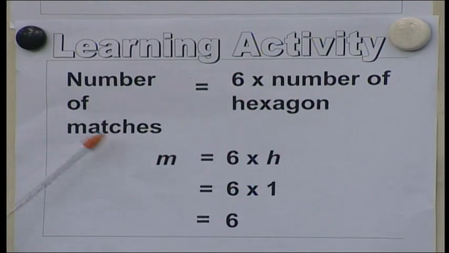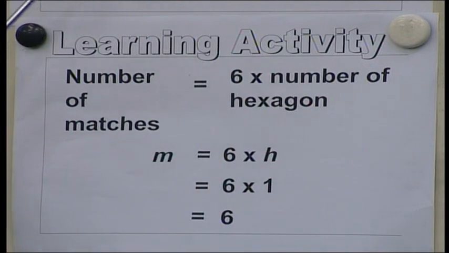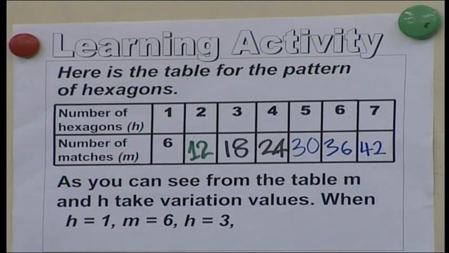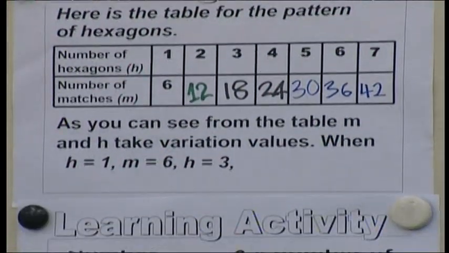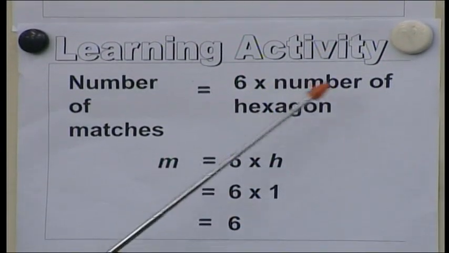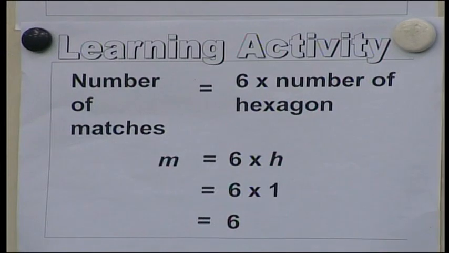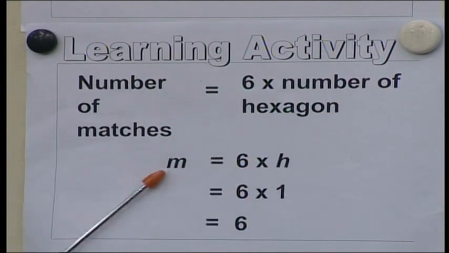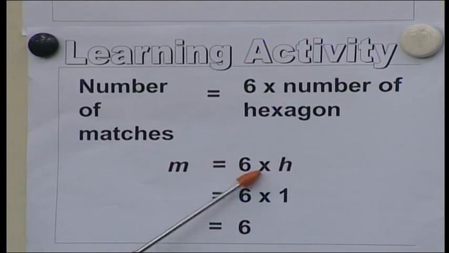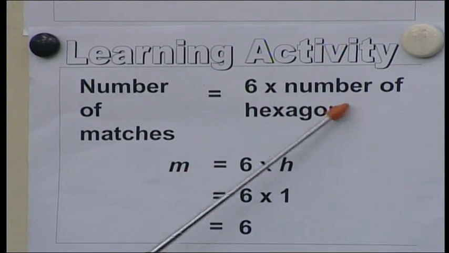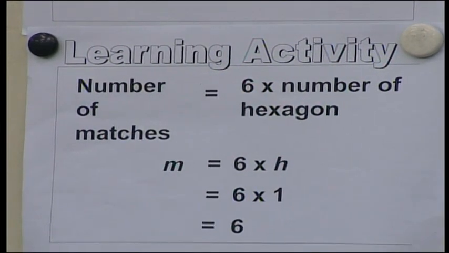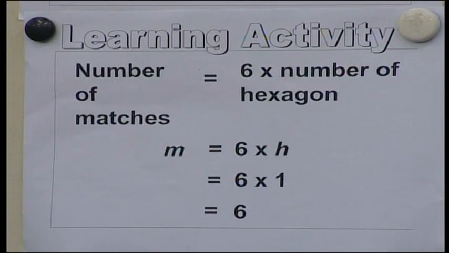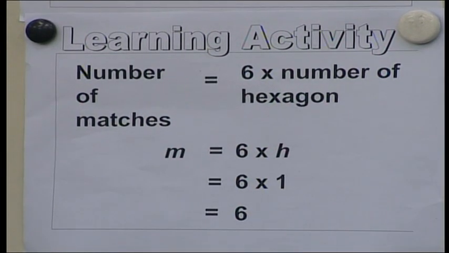Number of matches, we are now dealing with the first example that is already shown in this table, 1 to 6, is equal to 6, number of matches times number of hexagons. Remember, we are using symbols. M is the number of matches equals 6 times H, number of hexagons. Now we substitute into this rule here. We are trying to work out what would be the total number of matches for one hexagon.